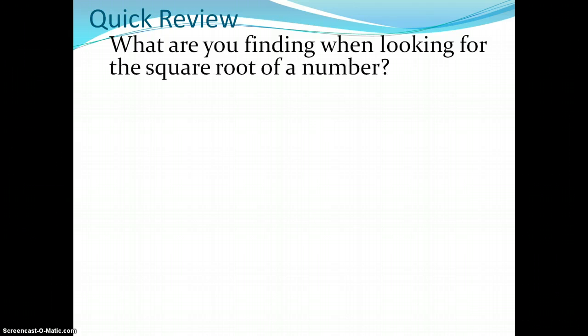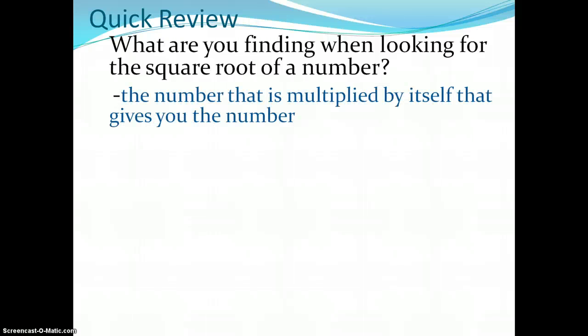When you're looking for a square root of a number, you're looking for the number that is multiplied by itself to give you that original number. For example, the square root of 25 is 5, because 5 times 5 equals 25. The square root of 100 is 10 because 10 times 10 equals 100. That's what finding the square root is.